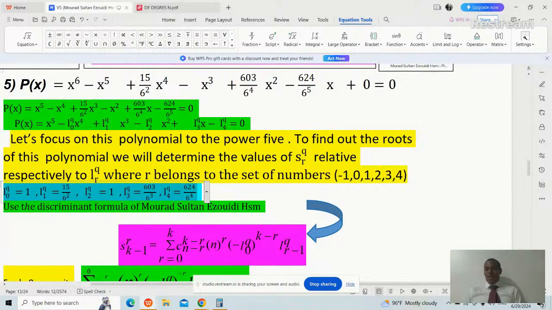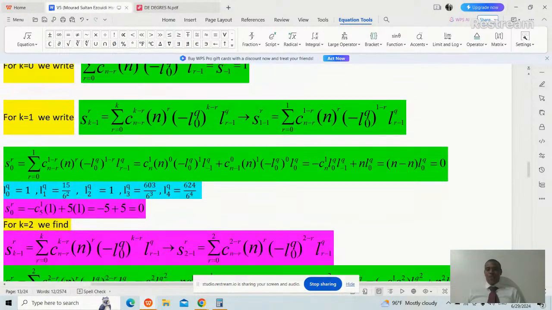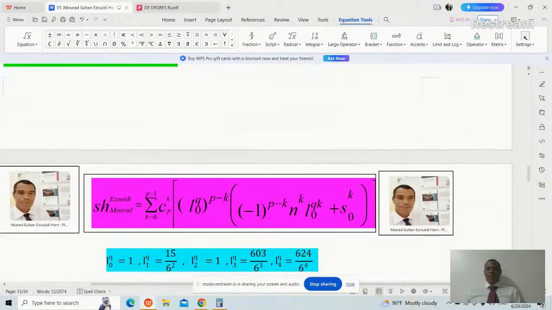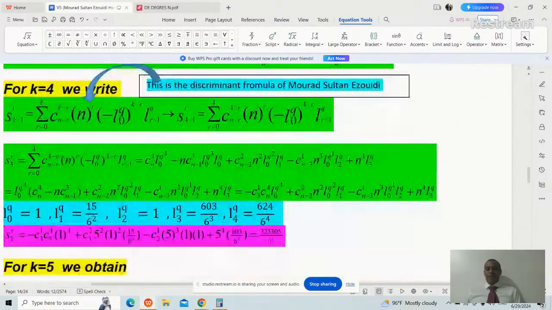Really, from a polynomial you can derive so many formulas. I will continue to give you a slight idea about this polynomial. Okay, I'll go back.